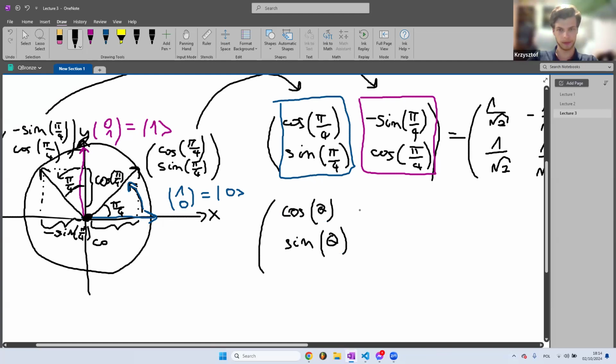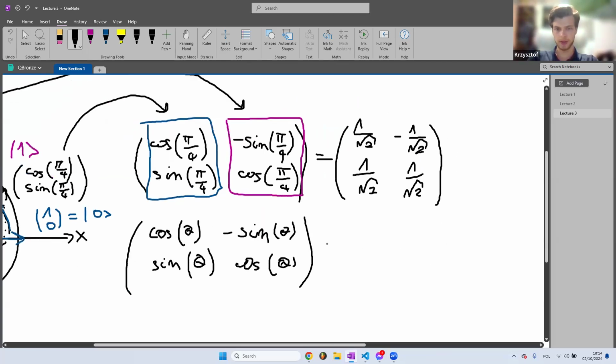Next, we will have minus sine of theta and cosine of theta, where the theta can land in the range of 0 and 2 pi.